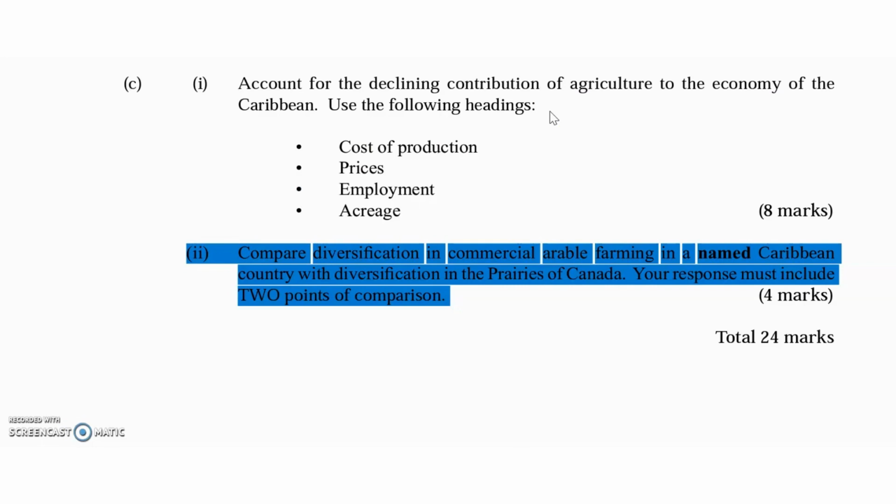So, Trinidad versus Canada. Now, the concept of diversification is associated with expansion. This expansion can either be lateral or related to individual plant species. Let us focus on the first point. With respect to commercial arable farming, we are talking about plant crops, crop cultivation and planting and stuff like that.